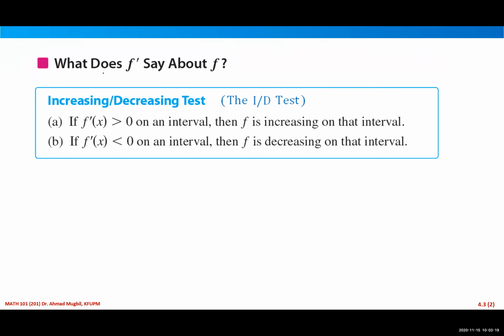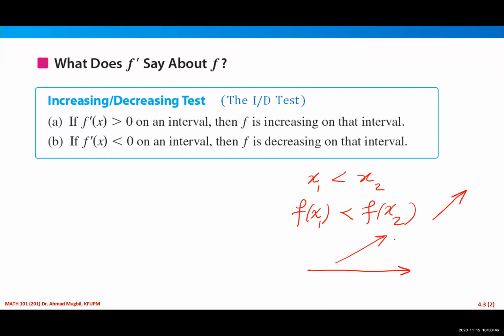You remember, shabab, when the function is increasing, when it is decreasing? If you have x1 less than x2, and the value of the function at x1 is less than the value of the function at x2, then the function is increasing. So it will go in the same direction. If x increases, y increases.